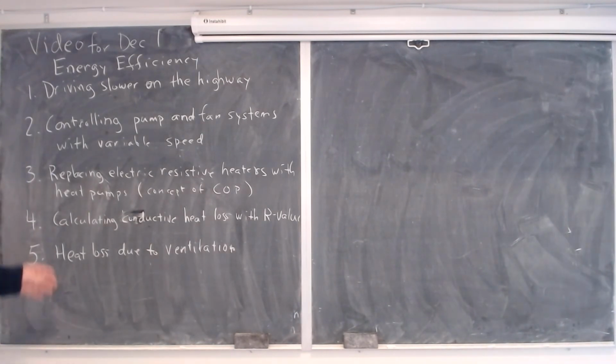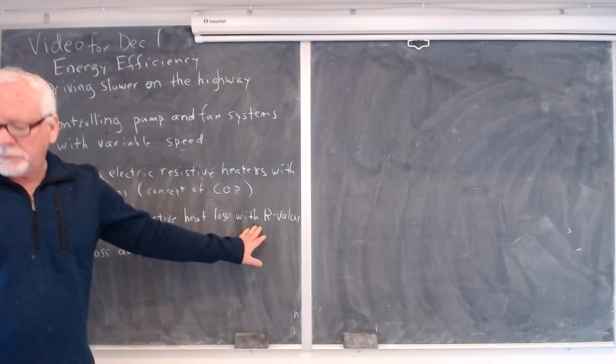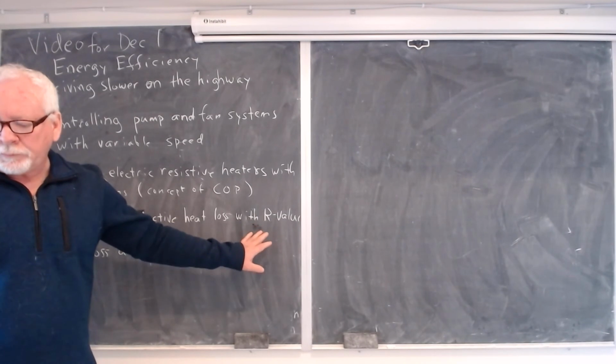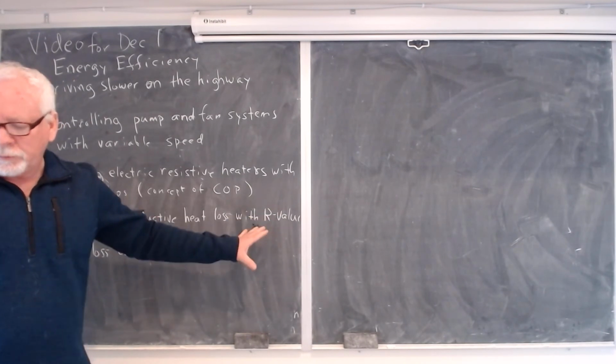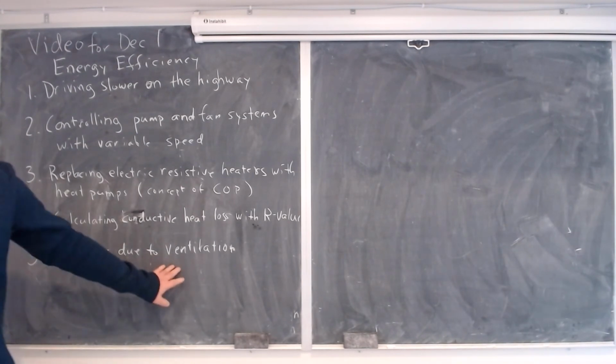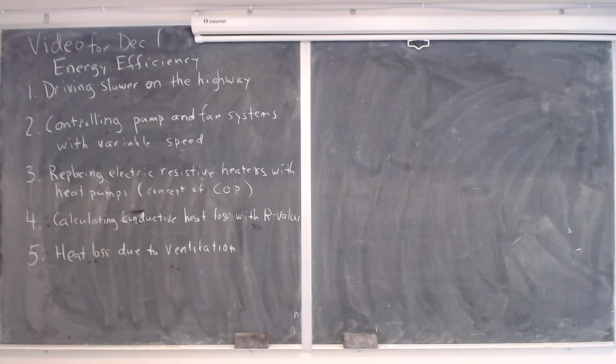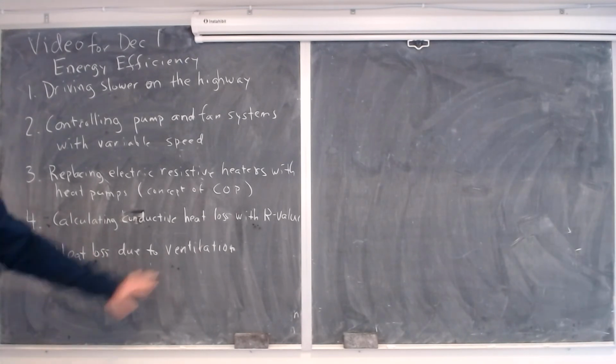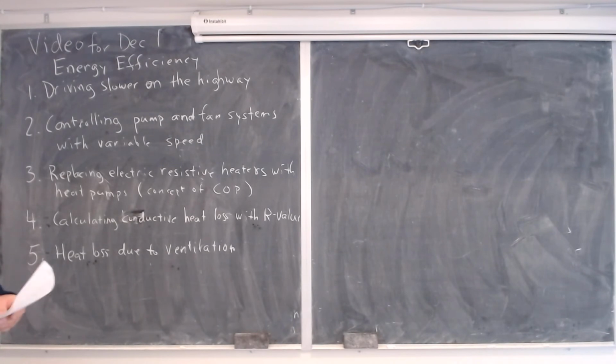And in both of these, the efficiency is not stated. The efficiency in this case would be to increase your insulation to reduce heat loss. The efficiency in this case would be to reduce whatever ventilation you're performing. And there are remedies if you have to ventilate, and we'll talk about that in a second.